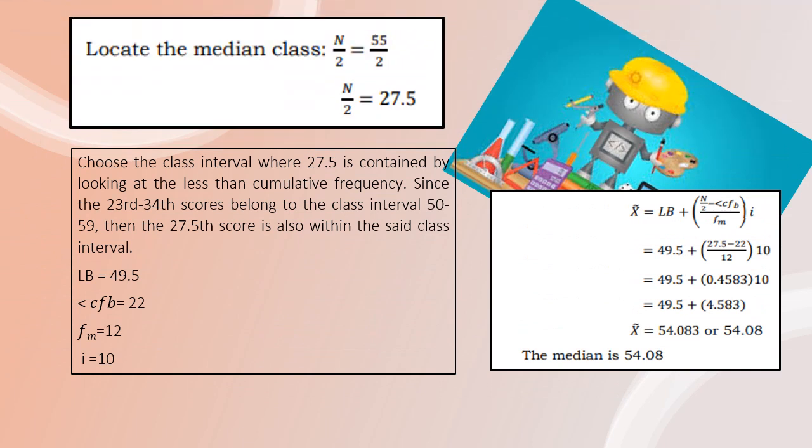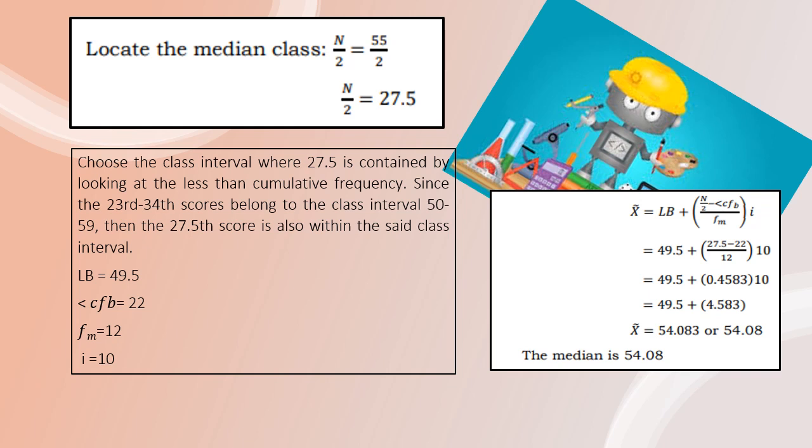Locate the median class. n over 2 is equal to 55 over 2, which is 27.5. Choose the class interval that contains 27.5 by looking at the less-than cumulative frequency. Since the 23rd to 34th scores belong to the class interval 50 to 59, the 27.5th score is also within that class interval.